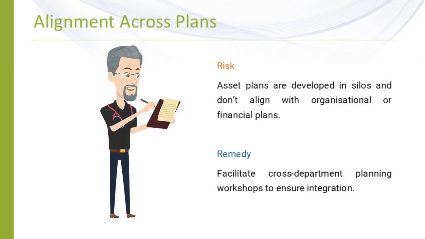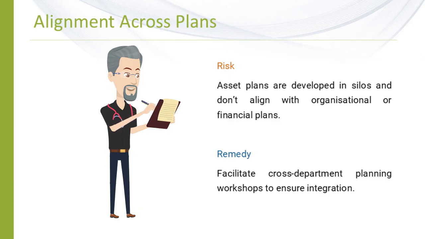In any organisation, there's a risk that plans are developed, considered in isolation, in silos. Now, for a small organisation, or even a large organisation, that may be appropriate sometimes. But what we've got to make sure is plans align back with the organisation and really the financial plans that support that.